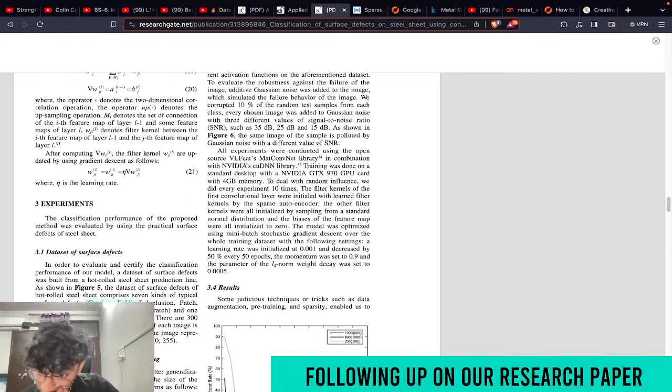Grazing, folding? Oh no, I don't have the same dataset. How the hell? We also have 300 grayscale images per class, but we don't have the folding and rolling in scale. We have rolled in scale, scratch, pitted surface, patch, grazing, inclusion.